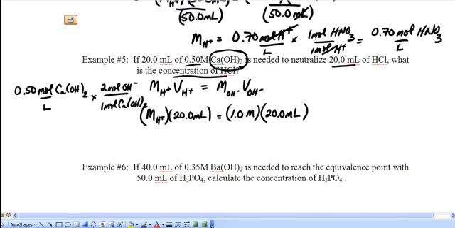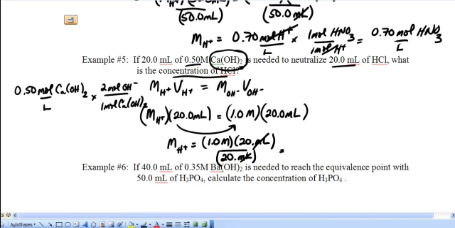And so therefore when you divide the 20 across to the other side, M_H+ will equal 1.0 molar times 20 mils divided by 20 mils. The milliliters divide out, and you're just left with 1.0 moles per liter, or molar, it'd be the same thing, H plus.